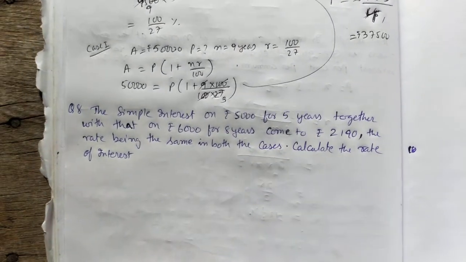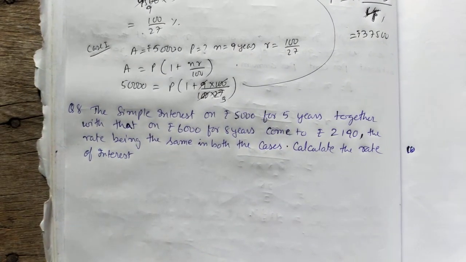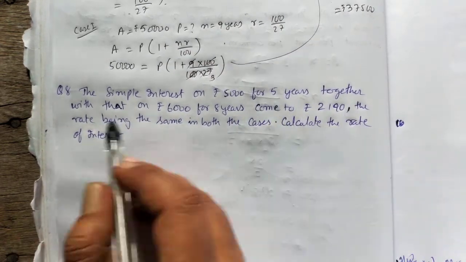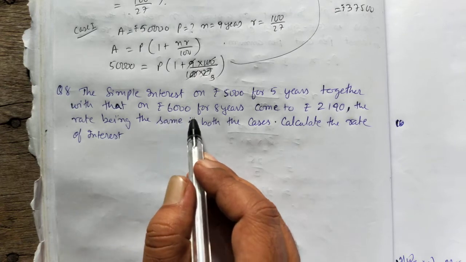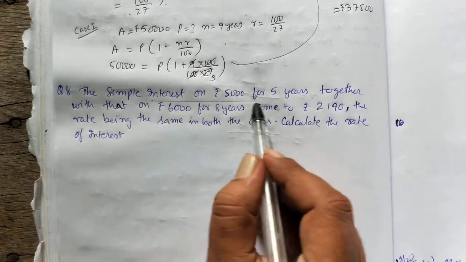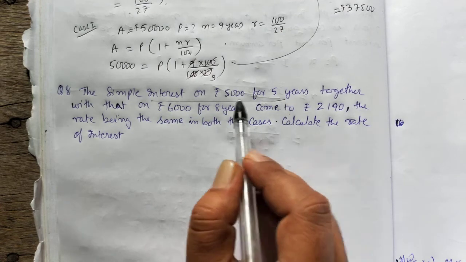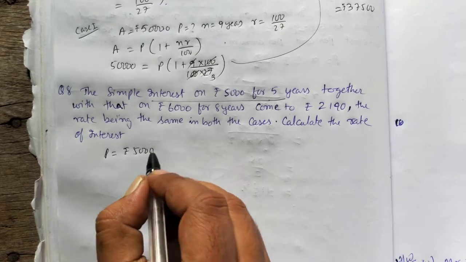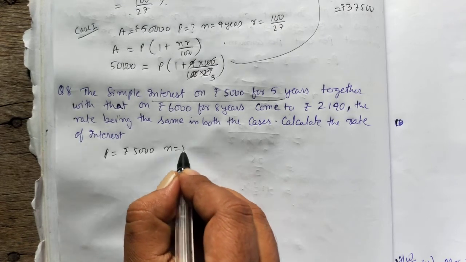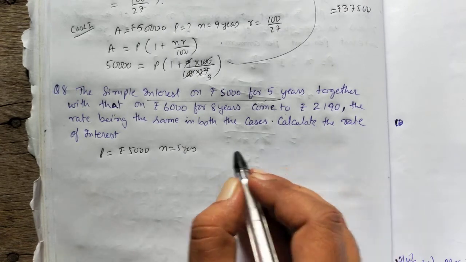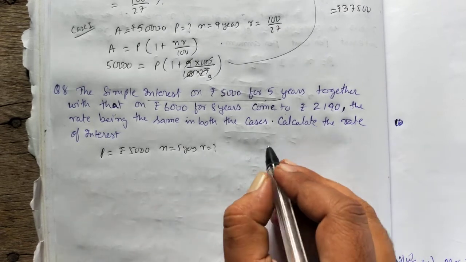Let's do question number 8. The simple interest on rupees 5,000 for 5 years together with the simple interest on rupees 6,000 for 8 years comes to this much. So simple interest for 5 years: principal 5,000, N is 5 years, and rate we don't know.